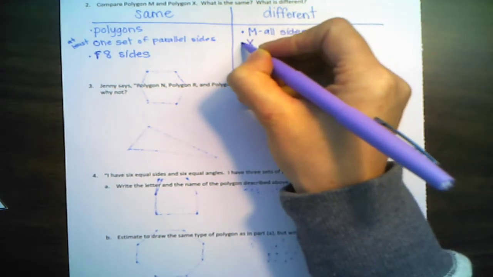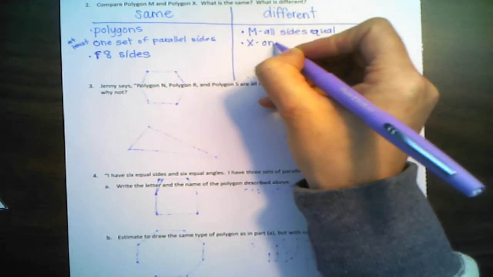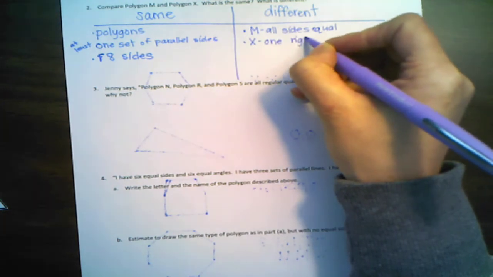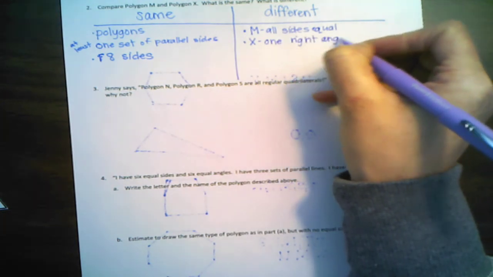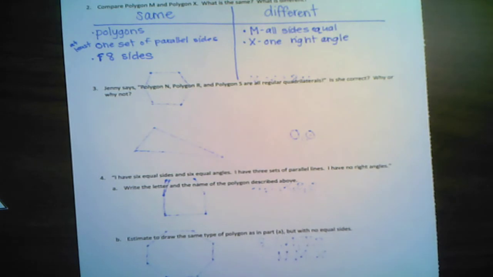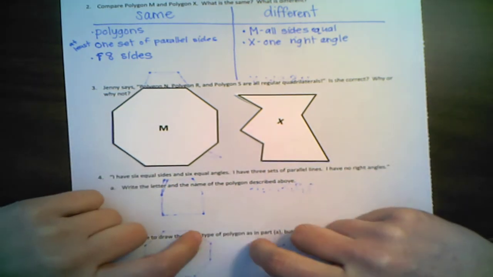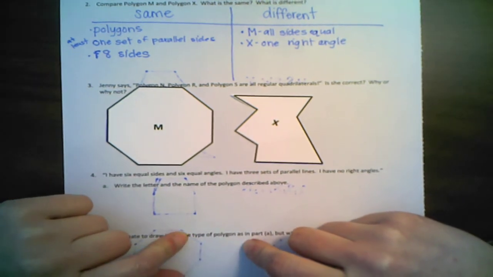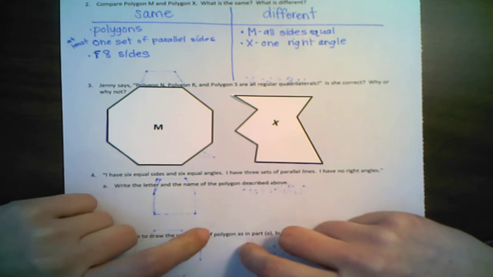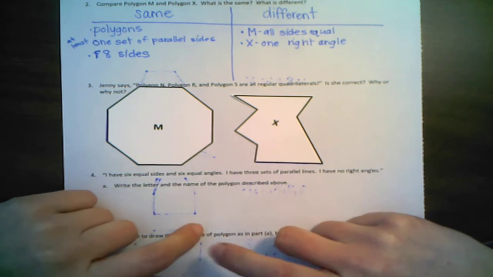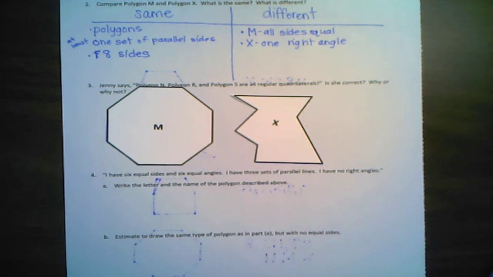And X, one right angle. At this time, what else do you notice that is similar or different? Is there anything else we can add to the list using its attributes? I think that's pretty complete at this time.